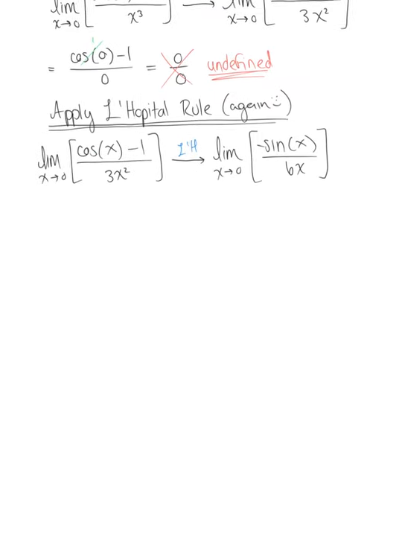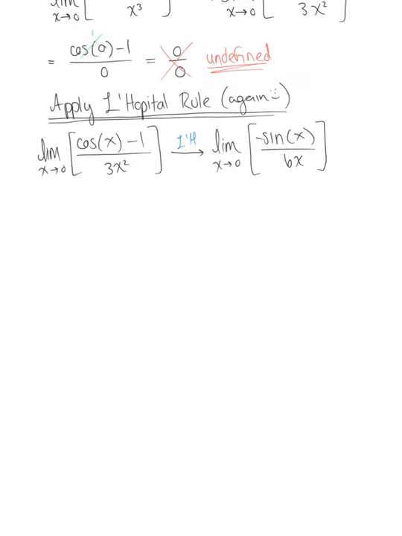And we can go ahead now and evaluate. So this is going to be minus sine of 0 all over 6 multiplied by 0, which again we see is undefined. It's an indeterminate form.